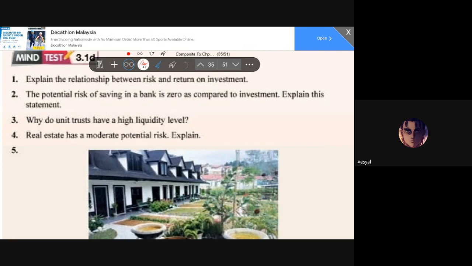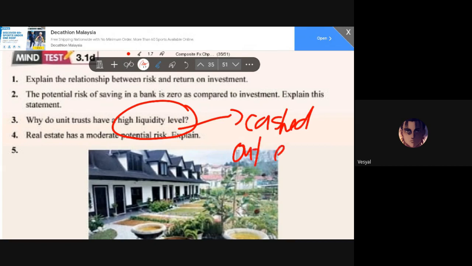So the demand is going to increase as well. For Vishal, question 3, that's a good answer also. Another point is you can say you can get cashed out easily, so basically you explain the meaning of liquidity level, cashed out easily.